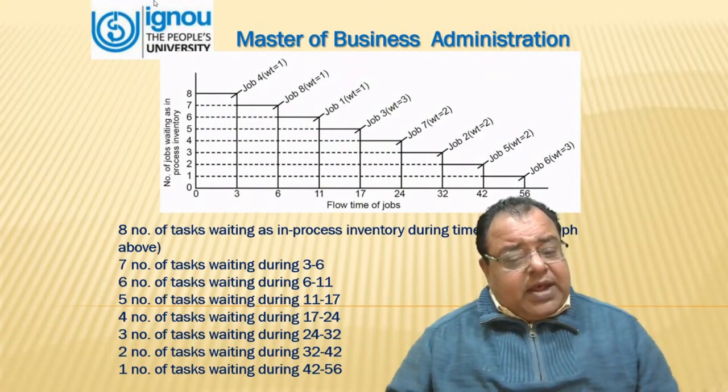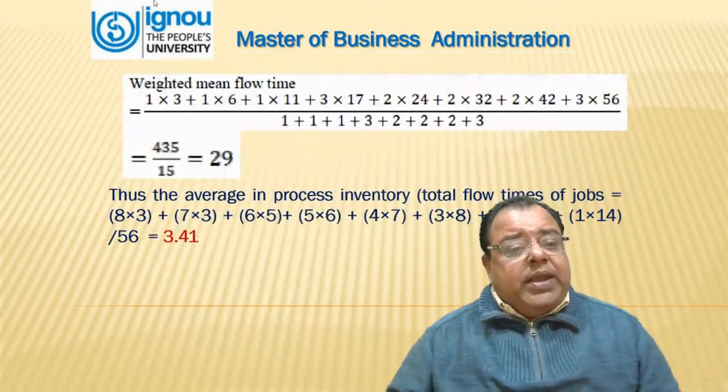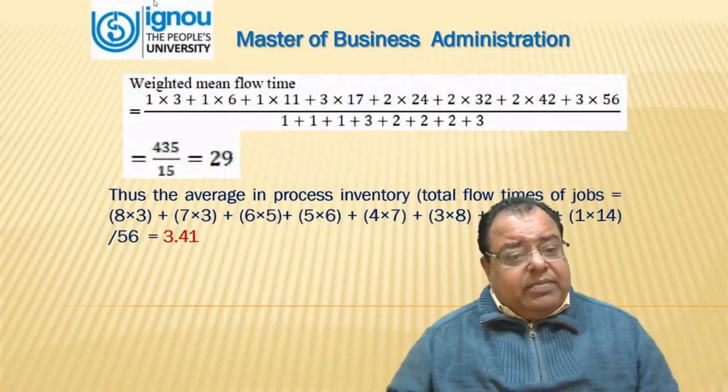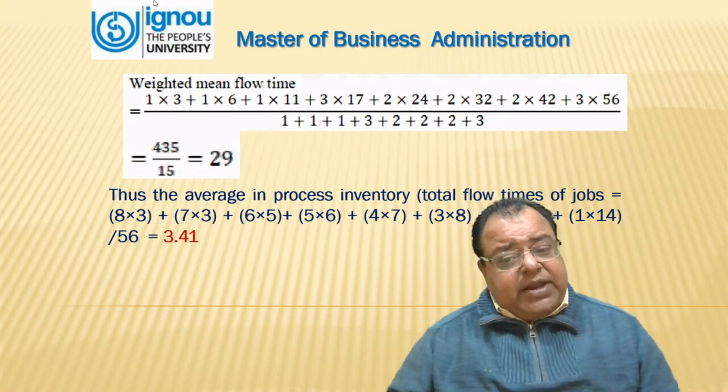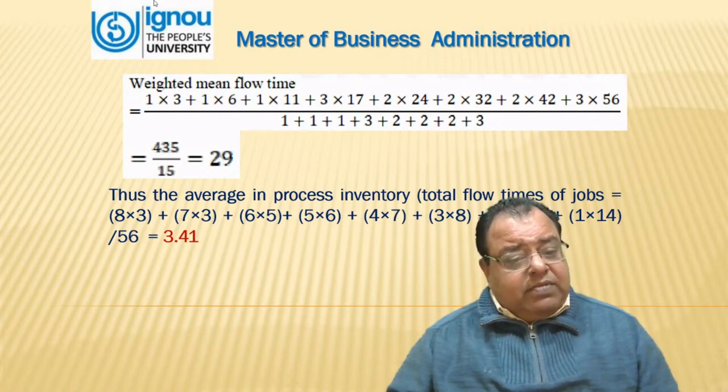Similarly, all the values are calculated. For the mean flow time, you have to multiply these numbers with the time, and this comes out to be 29. That means the average in-process inventory is the multiplication of the process time into the sequence divided by the total time, that is 56, which comes out to be 3.41.